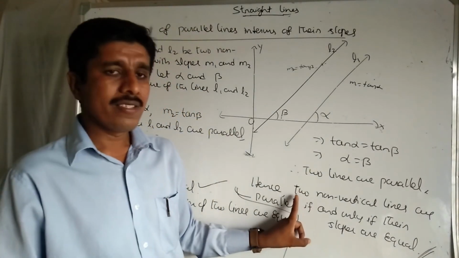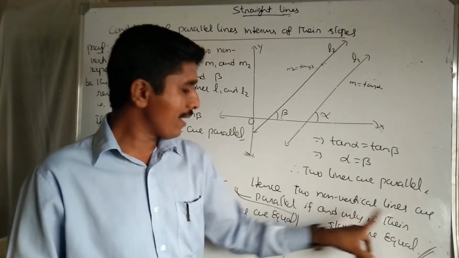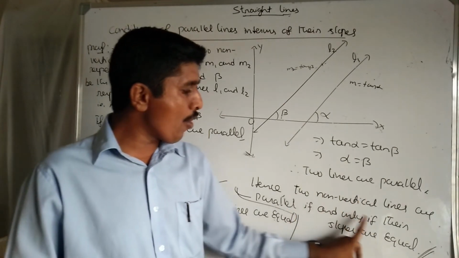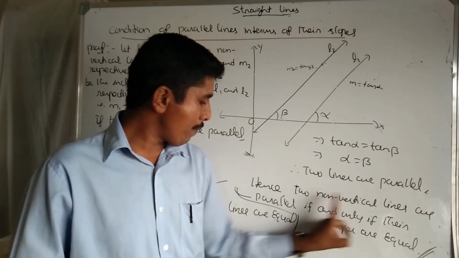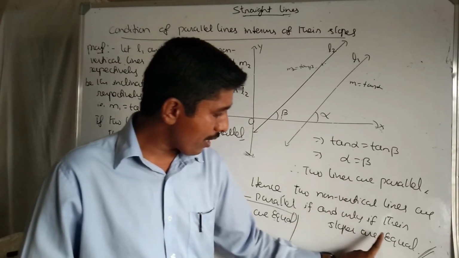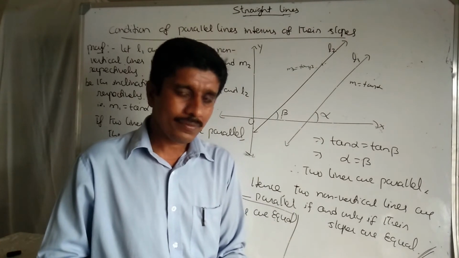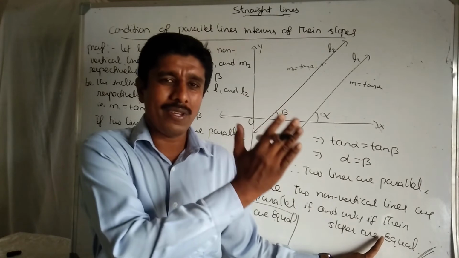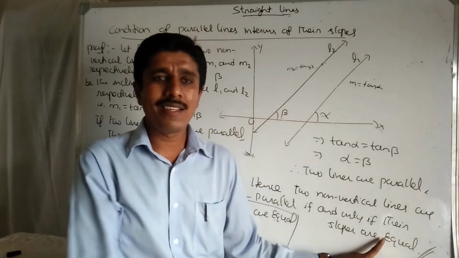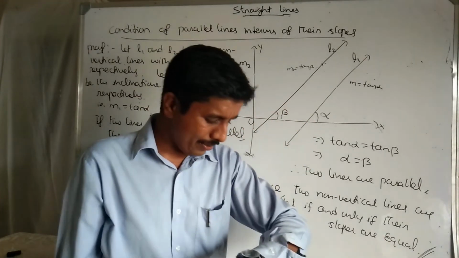This can be written as: two non-vertical lines are parallel if and only if their slopes are equal. If two lines are parallel, then their slopes are equal. If the slopes are equal, then clearly the lines are parallel.